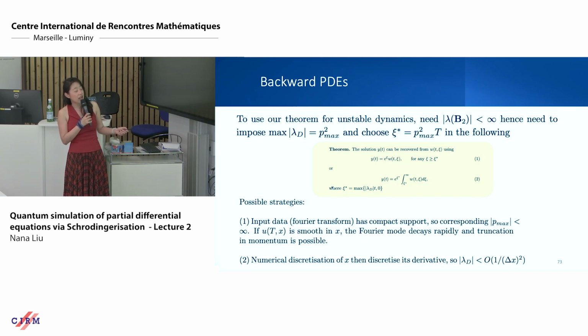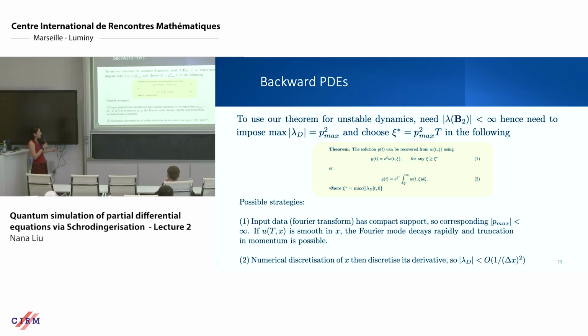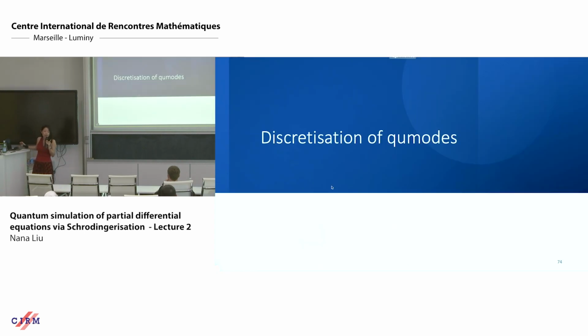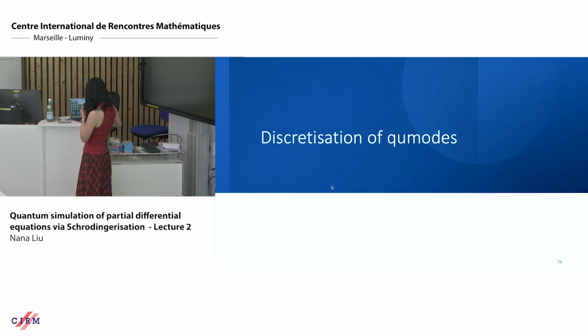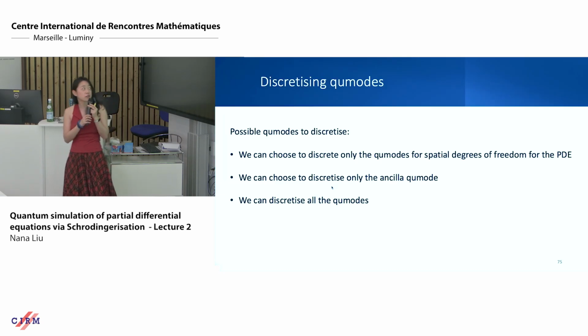And if your terminal condition is actually smooth in x, then the Fourier modes decay quite rapidly, and you can also truncate your system that way as well. Or you can numerically discretize x, and also discretize its derivative, and then you also have a bounded maximum eigenvalue. Okay, so now I'll talk about the discretization of the modes.